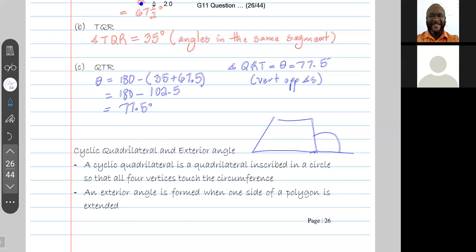Now, if you draw a circle and draw a four-sided shape in it, so that all the vertices are touching the circumference, that shape is called a cyclic quadrilateral. So that is what we just said in essence. You have a cyclic quadrilateral and the idea of an external or exterior angle.